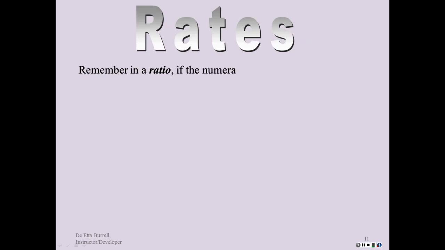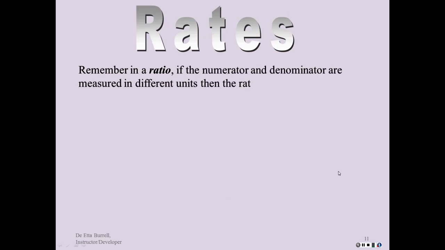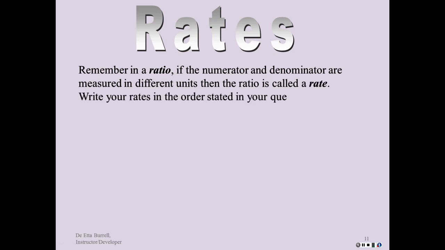Now, remember, in a ratio, if the numerator and denominator are in different measures, the ratio is going to be called the rate. Write your rates in the order stated by the question, just like you would your ratios. Your rates are ratios, okay?